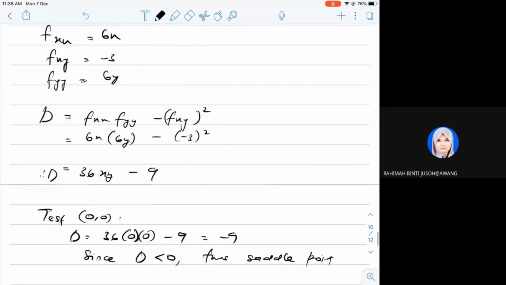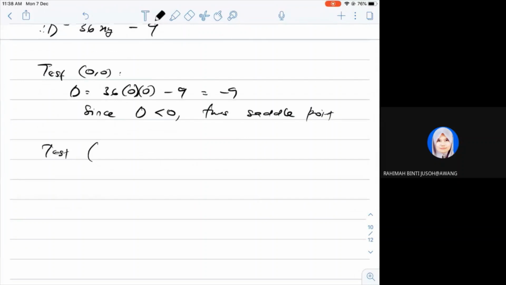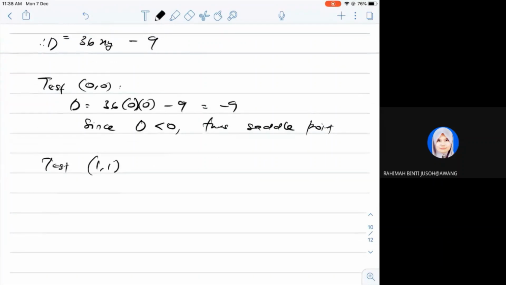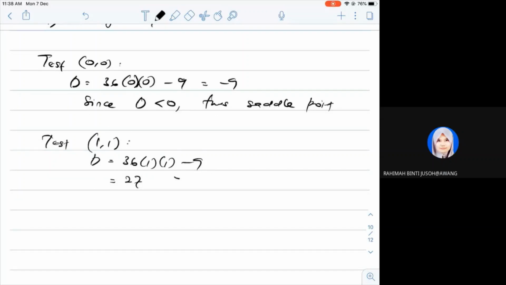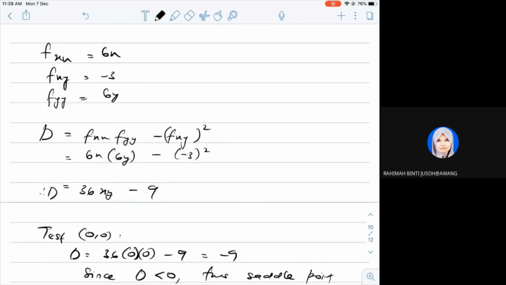Okay, and then test the second critical point, 1, 1. We calculate d equals to 36 times 1 times 1 minus 9. 36 minus 9, we will get 27. Okay. So now, d is greater than 0. We should look at fxx. So fxx in this case is 6x.